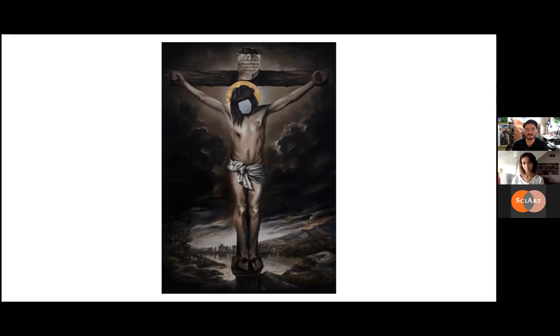So what I wanted to do with this series was tackle some iconography from the major religions. What I'm really interested in is how we relate, both the religious and the secular community, to these icons and these religious archetypes as we move away from them.